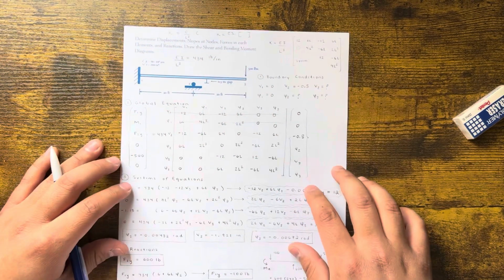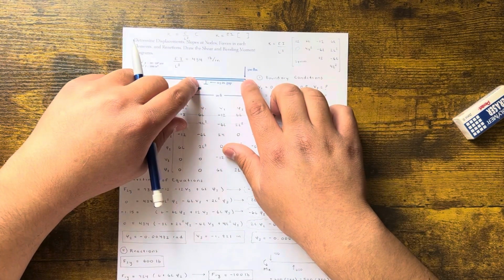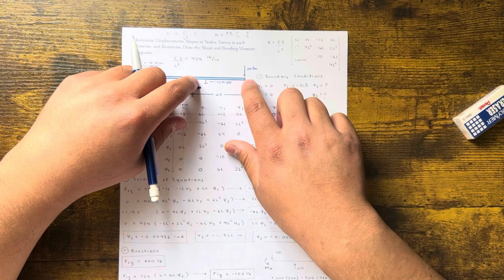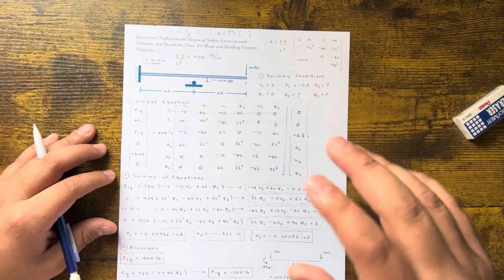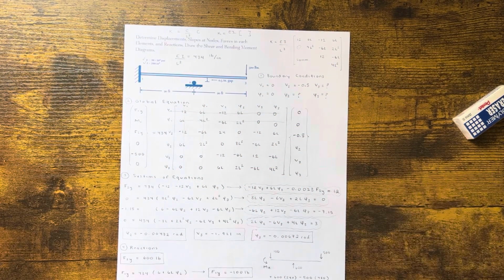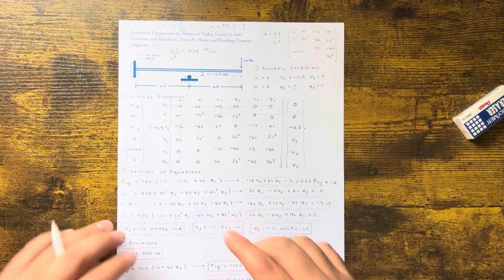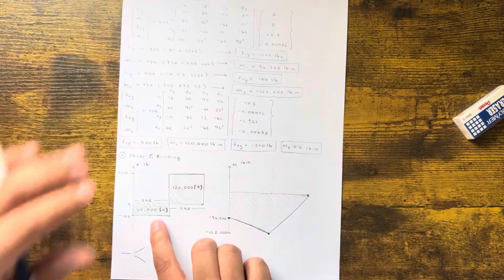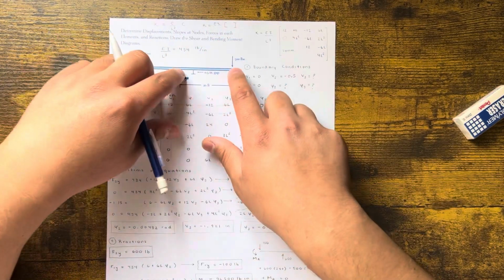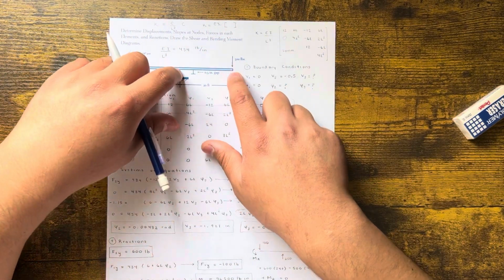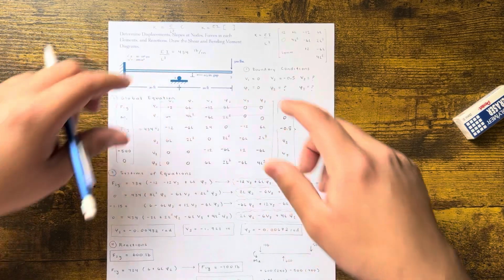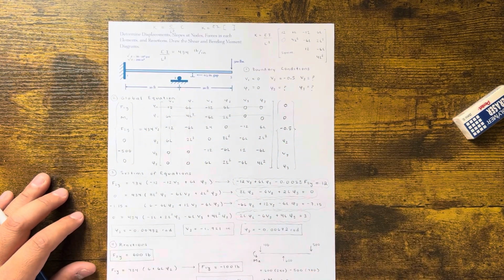You're going to be like, oh shit, this section is experiencing 500 pounds. I got to design that web of that I-beam, if it's an I-beam, or whatever the beam is. I got to design it to withstand 500 pounds of shear. This side is only getting negative 100. This one doesn't have to be as critically designed as this one. This has to be a beefier web to support that 500 shear flow going through it.